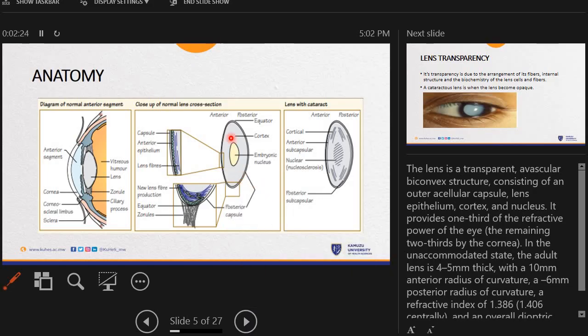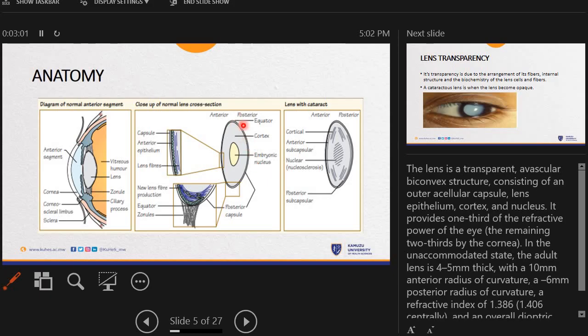This diagram is showing a cross section of the lens. So the lens has got four main parts. It has got the nucleus, the cortex, the epithelium inside, and it's enclosed by a capsule. The anterior side of the lens has got an epithelium, whilst the posterior side doesn't have an epithelium.